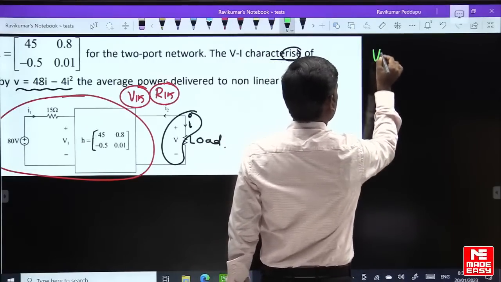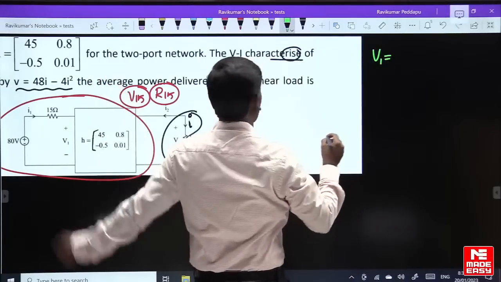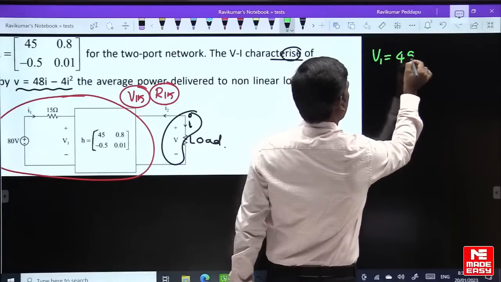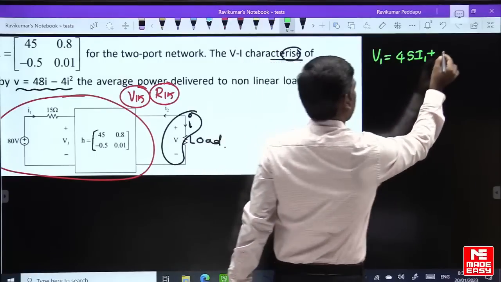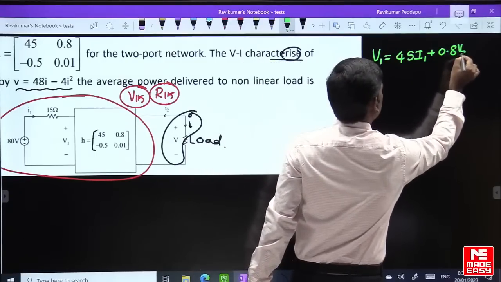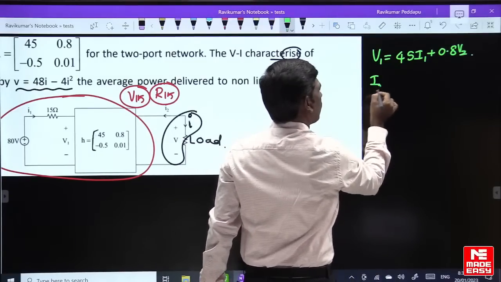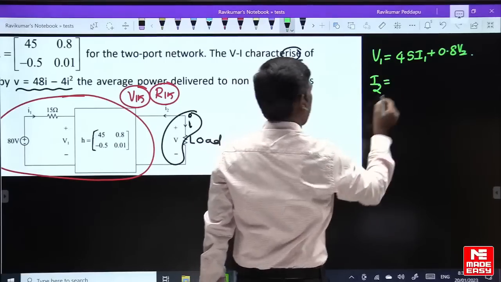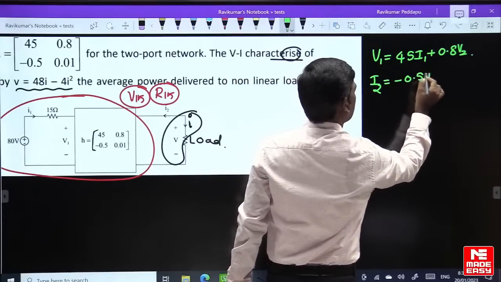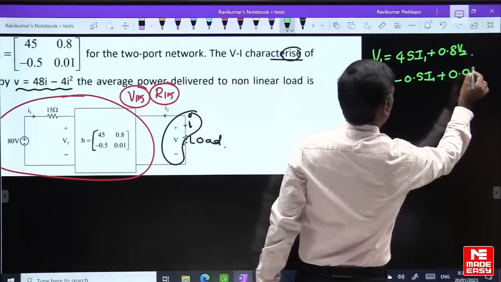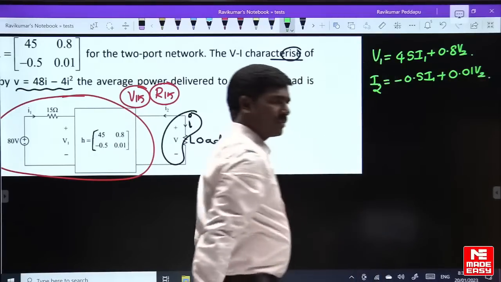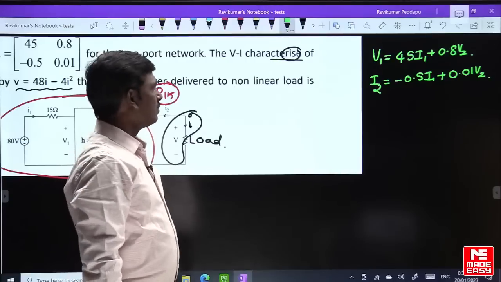H parameters: V1 is equal to 45 I1 plus 0.8 V2, I2 is equal to minus 0.5 I1 plus 0.01 V2. Find out VTH.